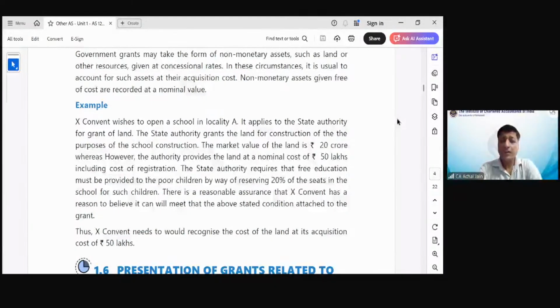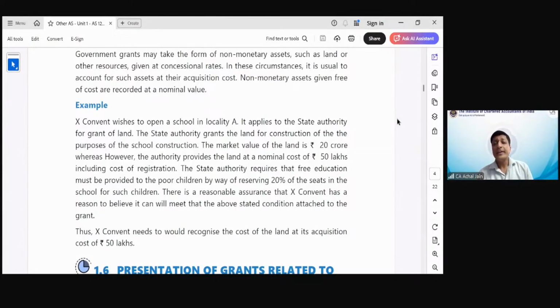State authority grants the land for construction of the school, right? Market value of the land is 20 crore, whereas authority has provided land at a very nominal cost. What is that? 50 lakhs. Okay. So it's like available at a very nominal cost. Correct?